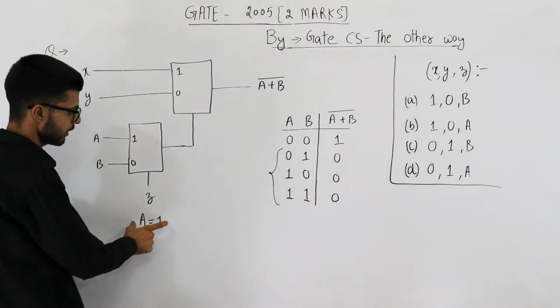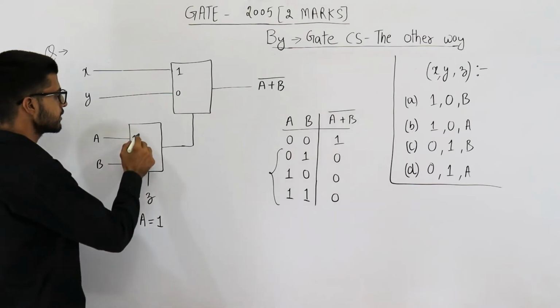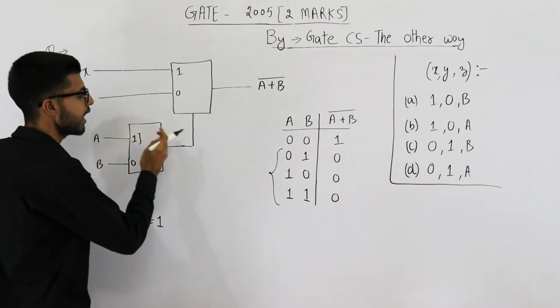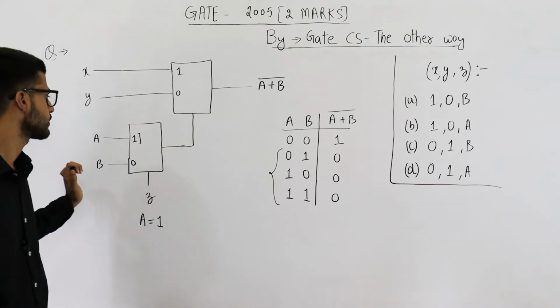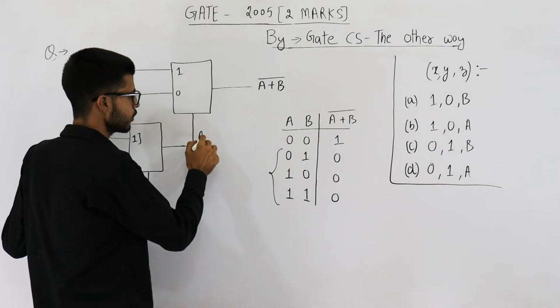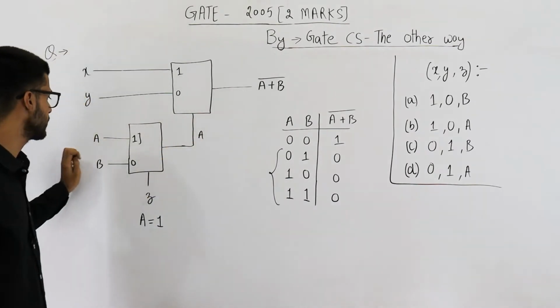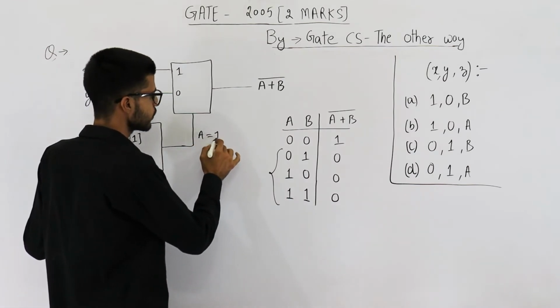Now, whenever A is 1, that means the select line is 1. This input will be selected and given as the output for this multiplexer. That means the output of the first multiplexer will be A, because we have connected A here, and you very well know A is equal to 1.